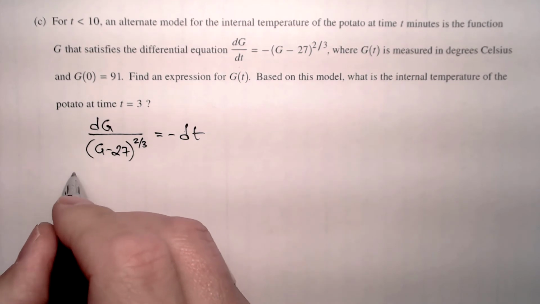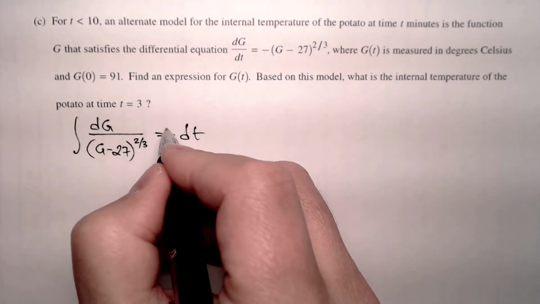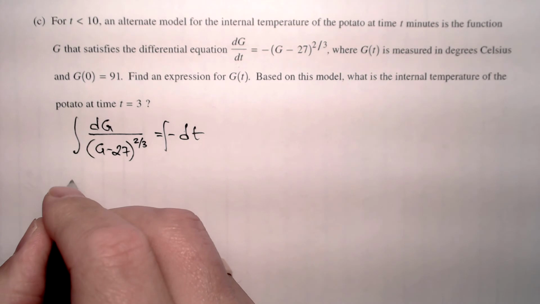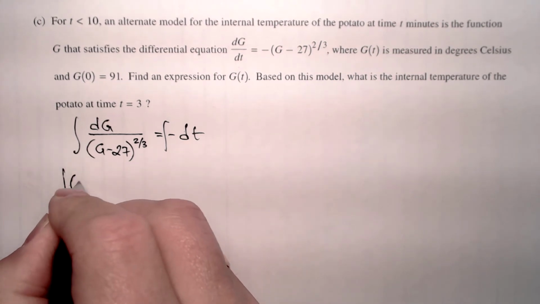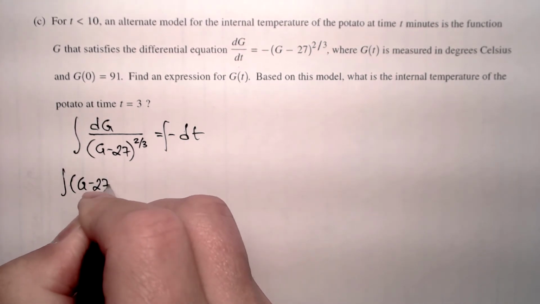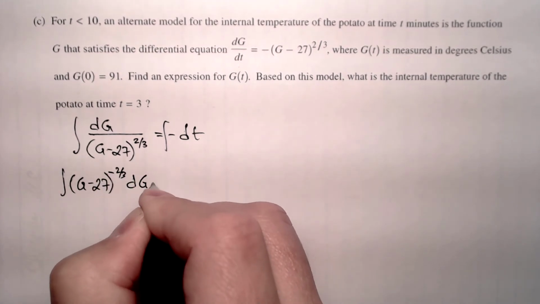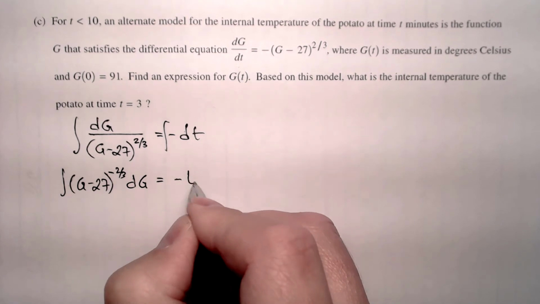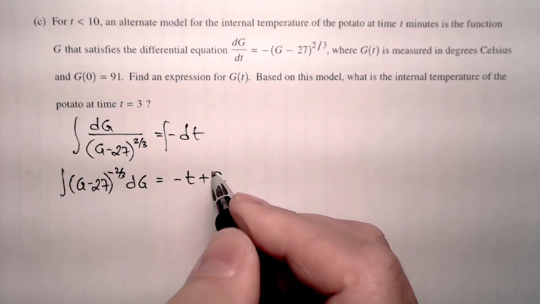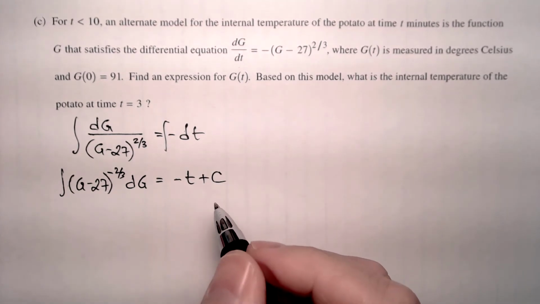Let's integrate both sides. We get here the integral of (g minus 27) to the power negative 2/3 dg equals negative t plus a constant. Don't forget that we need to include the constant.